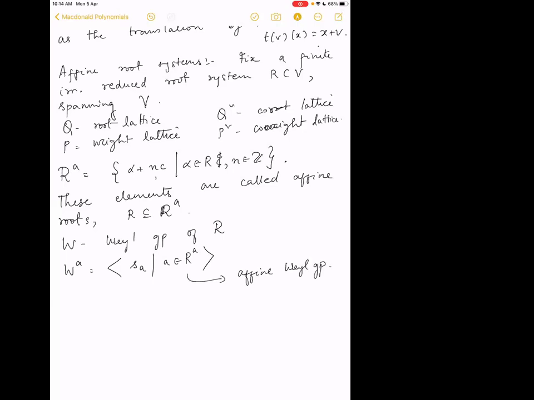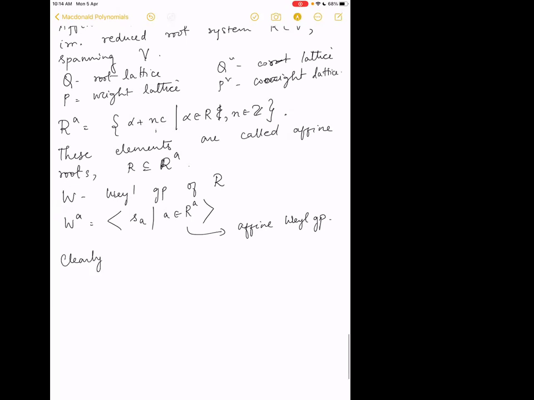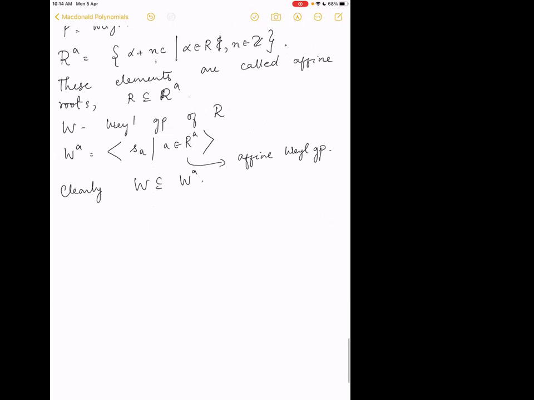And clearly W is contained in W_A. So what we want to do is to obtain a nice description of the affine Weyl group. Okay, but before that, a remark.